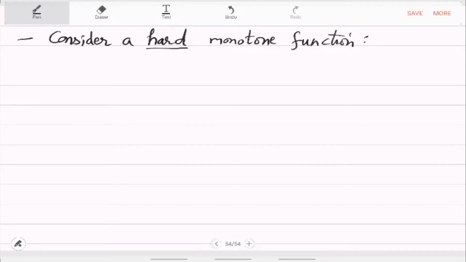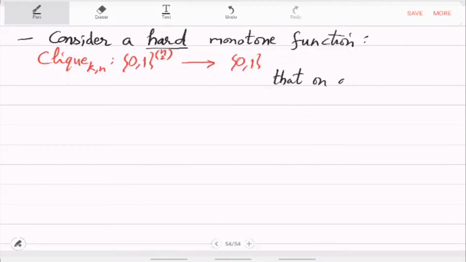So this function takes n choose 2 bits in the input, representing a graph G, and gives output a single bit that is 1 if and only if G has a K-clique.